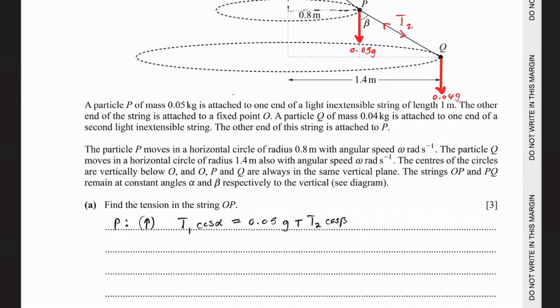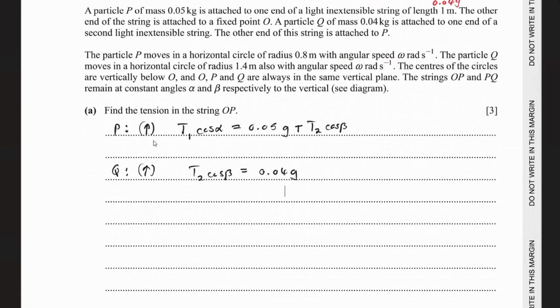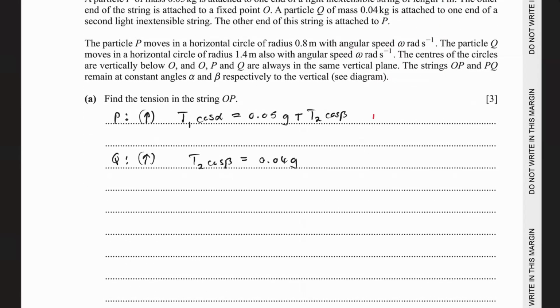Let's also consider equilibrium vertically for Q. The force acting on Q upwards, T2 cos beta, is equal to the downward force 0.04 G. So these two equations, I'm going to solve them simultaneously.